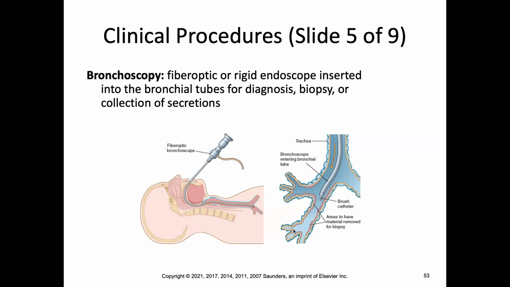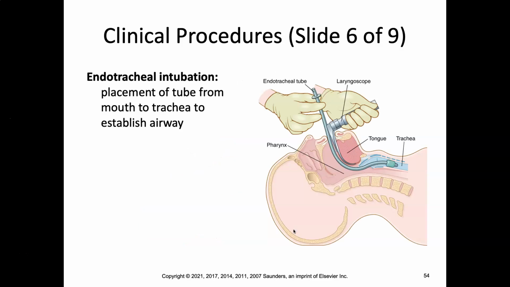Bronchoscopy, that is where they're putting an endoscope down your throat into your lungs, and they may be taking a brushing to get some cells out to see what's going on with that, or they may just be looking around. Endotracheal intubation.